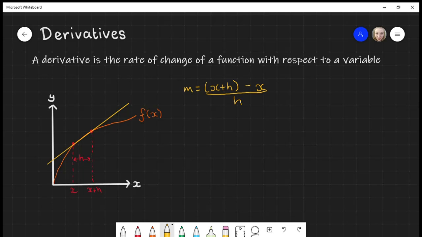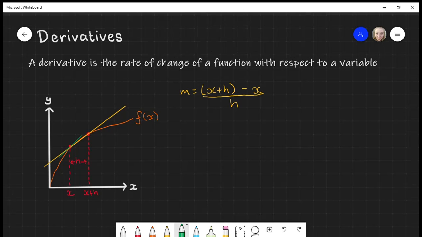However, this isn't the tangent at point x, but as h gets smaller and smaller and smaller, we're getting ever closer to the tangent at point x, which is what we want.